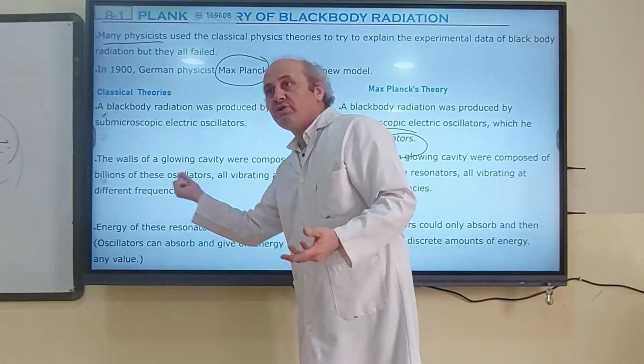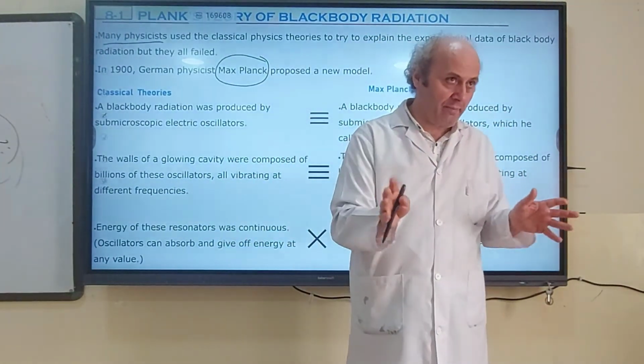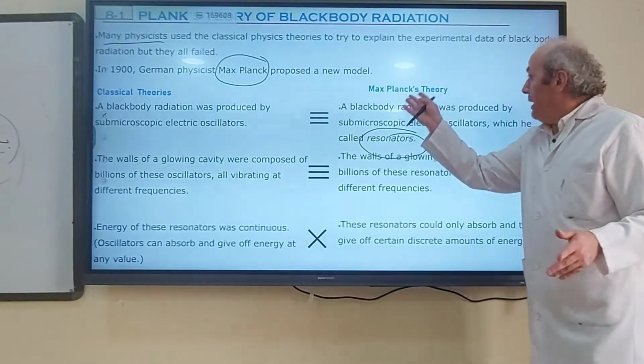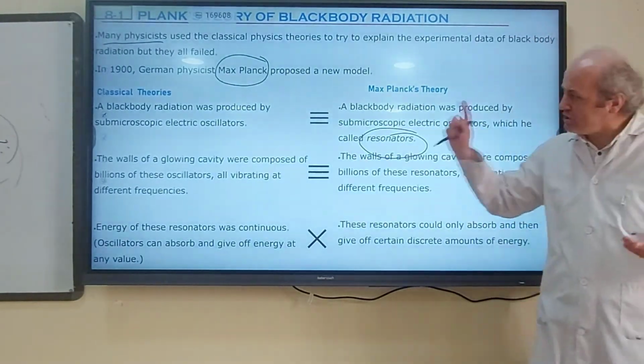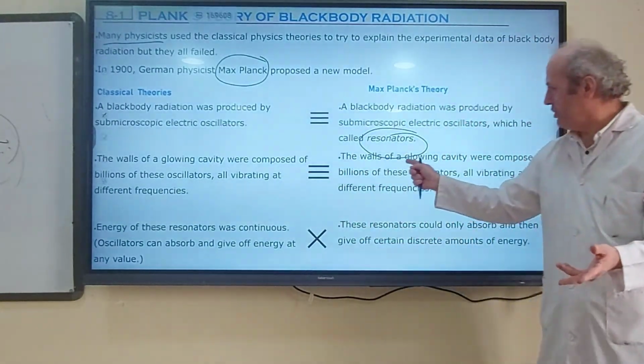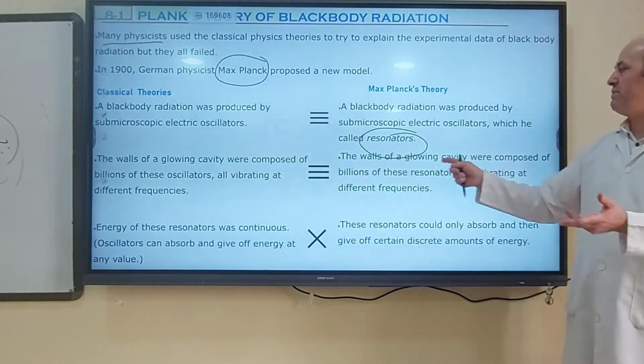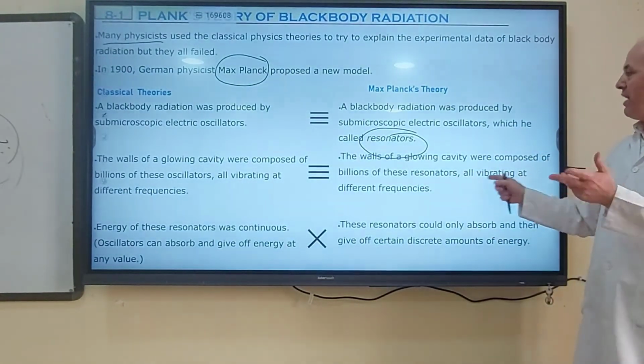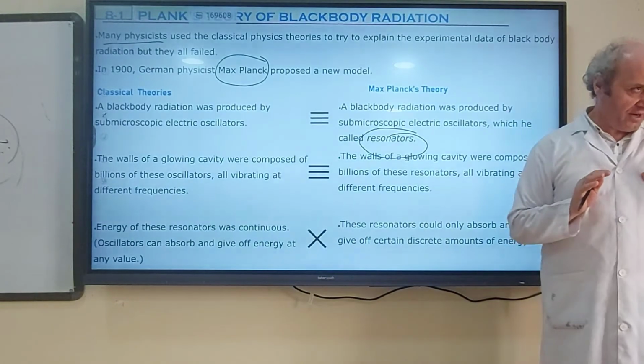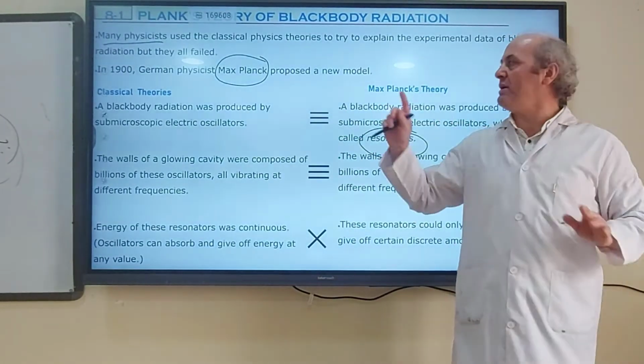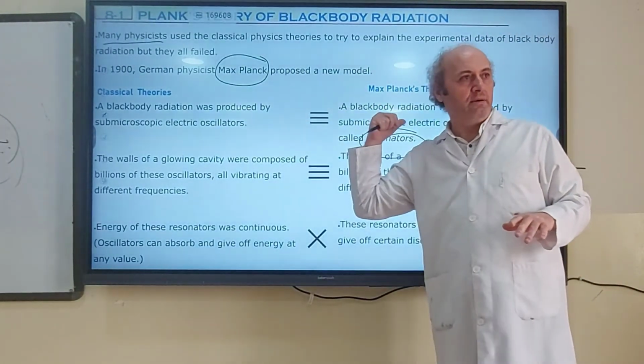These resonators also all have different frequencies. Max Planck also said the same thing. The first and second steps are the same in both classical theory and Max Planck's theory.